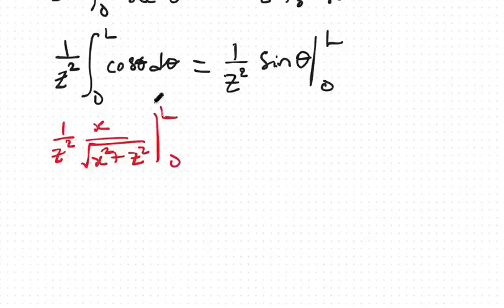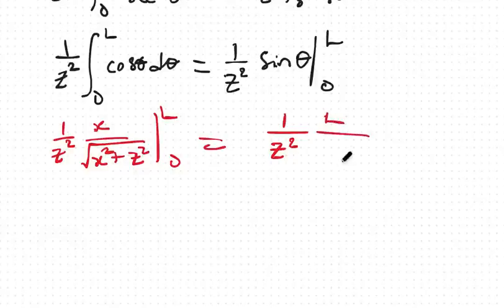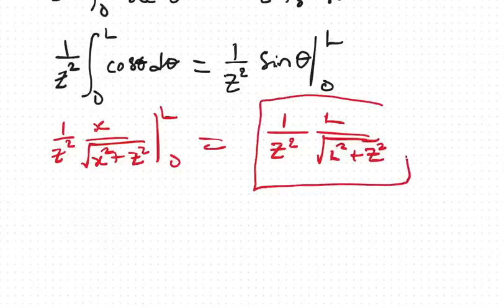So when we substitute this, we'll be having this equal to 1 divided by z squared, x now will be L, divided by the square root of L squared plus z squared. Remember, what we got is just the part of the integration.